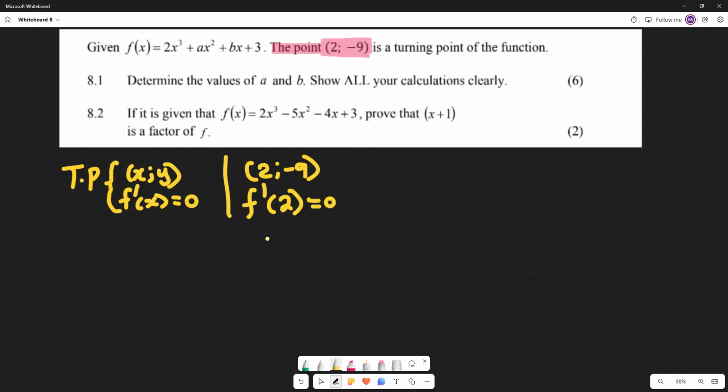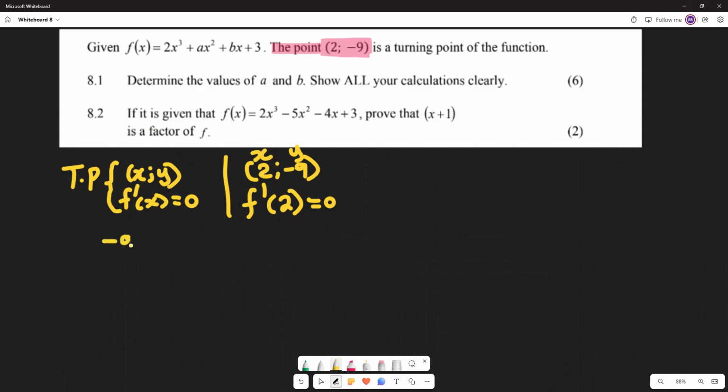Now you have your two equations. This will give you your first equation. That will give you your second equation. This is very, very important. You need to know that a turning point always gives you two equations. So now we're going to get the first equation by substituting this into f of x. So the y value is -9, the x value is 2.